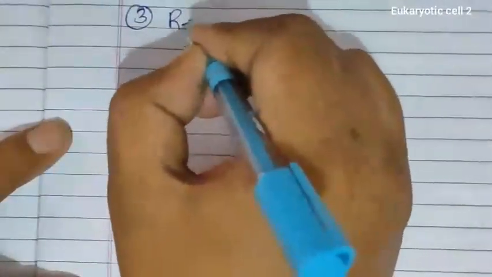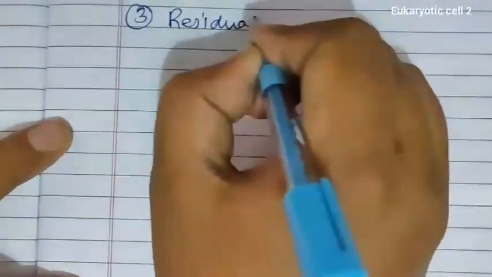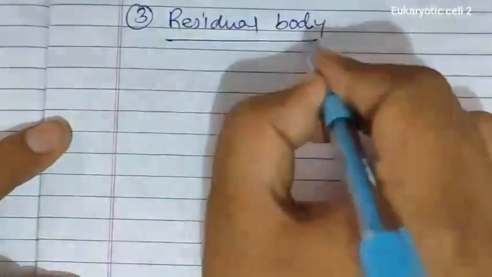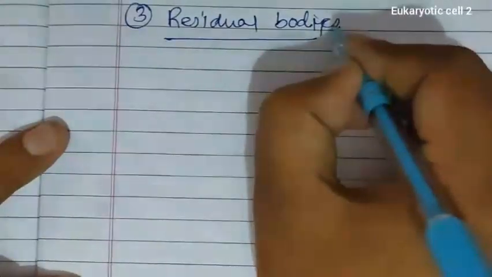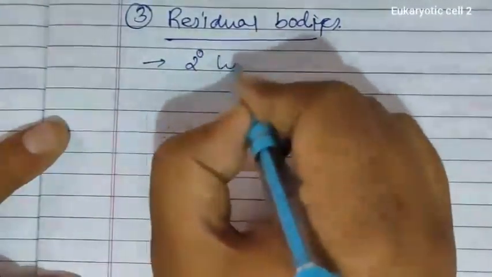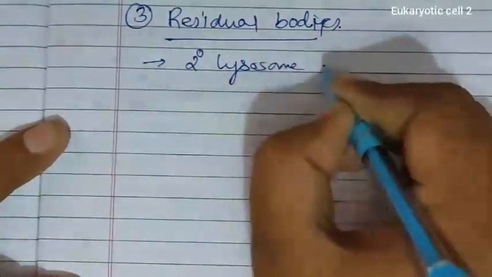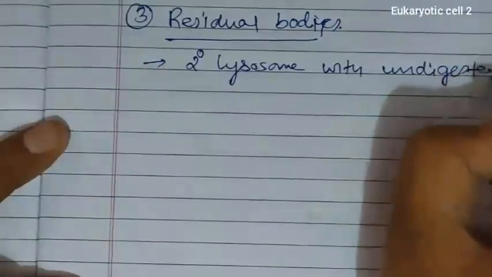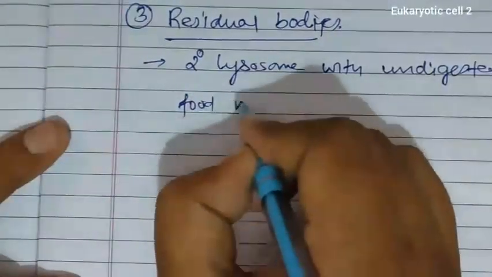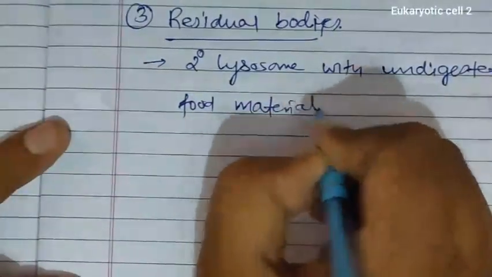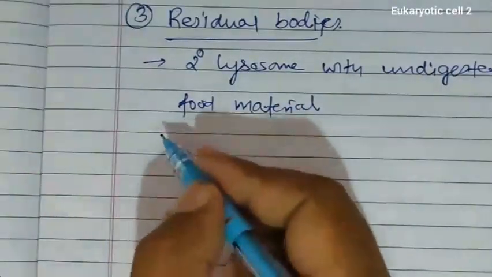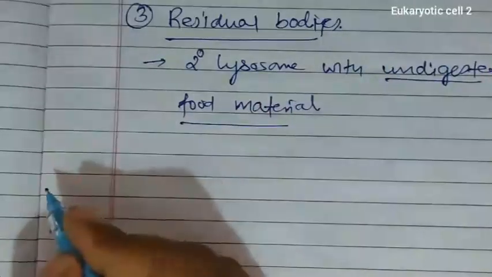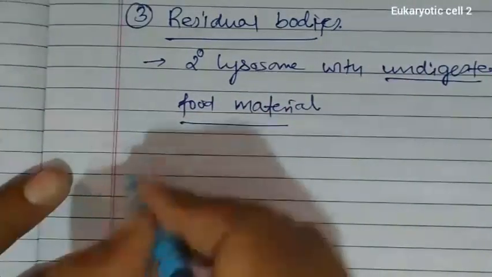Third type is residual body. Now residual bodies are secondary lysosomes with undigested food material. Okay, so they accumulate this undigested material, and the secondary lysosome will be termed as what? Residual bodies.